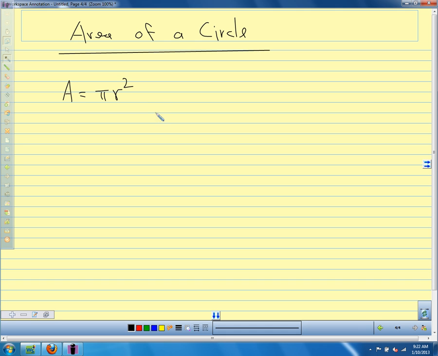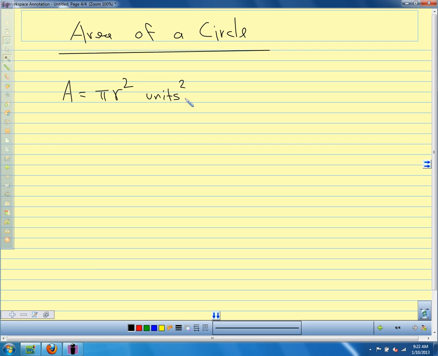Our units for area are always units squared. So it's going to be square centimeters, inches squared, meters squared, miles squared, some kind of squared unit. The reason we talk about square units is we're saying how many tiny little squares can we fit inside the circle.